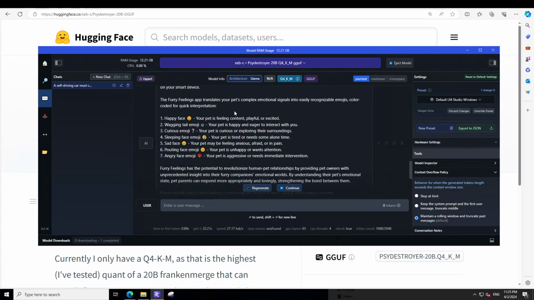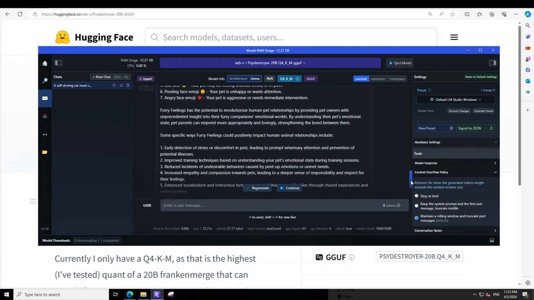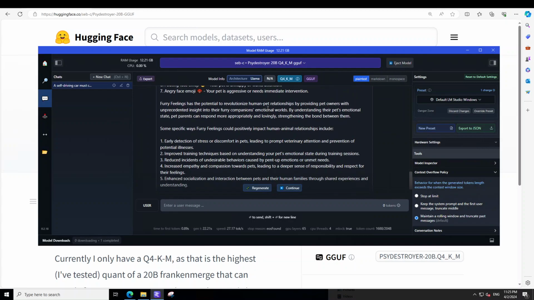So it is saying that, in order to make it easier for you to understand, it is converting the pet's complex emotion signals to emojis. Happy faces, wagging tail, and then a curious emoji. Amazing, amazing. And then it has the potential to revolutionize the human-pet relationship by providing pet owners with insight. Amazing.